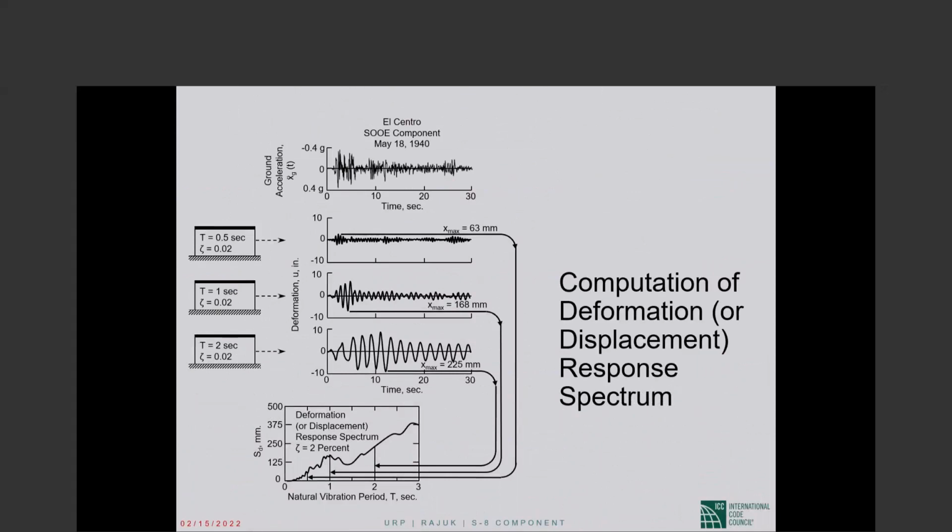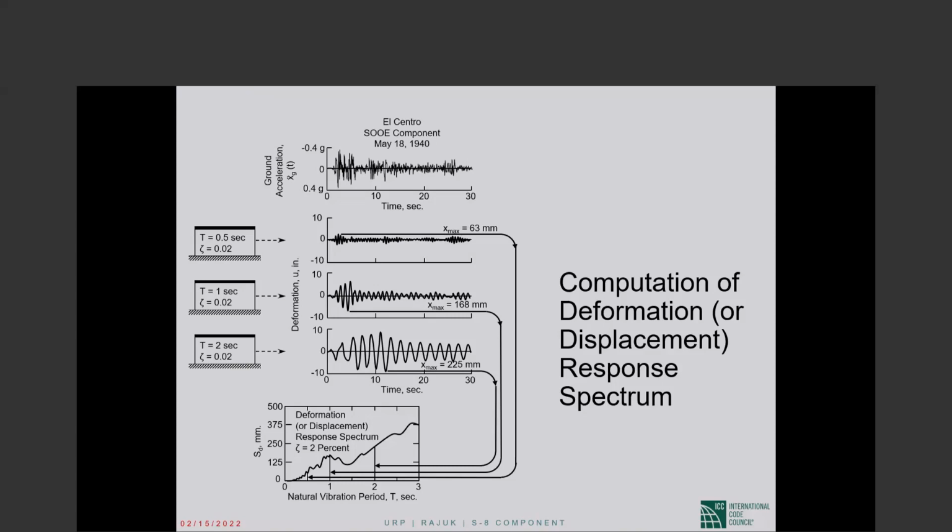Now, in this figure, we are considering three single degree of freedom systems. Single degree of freedom means the mass is concentrated at one location, and only one component of motion of that mass is possible.